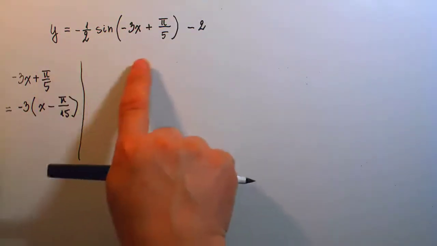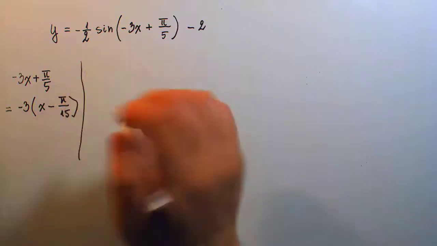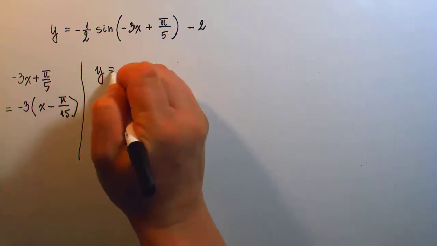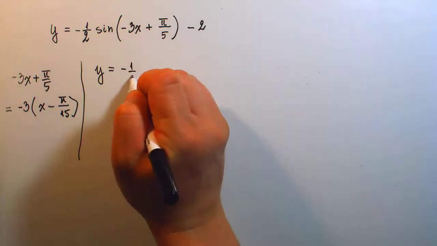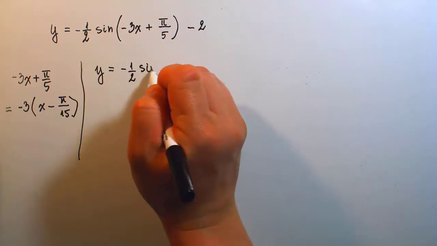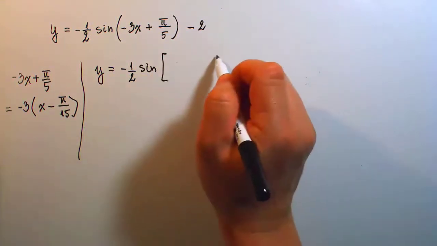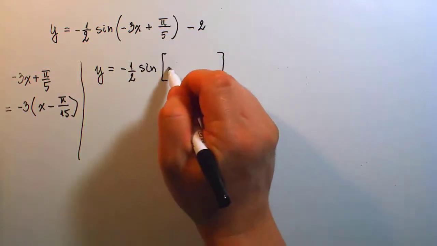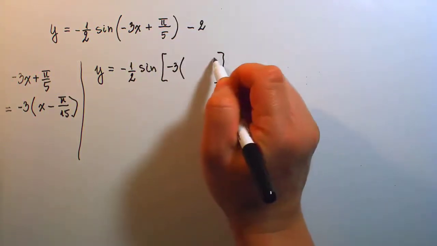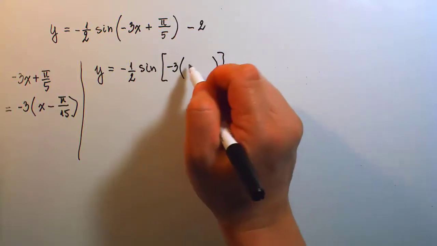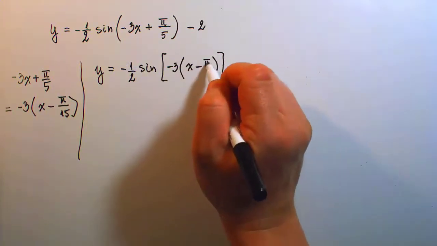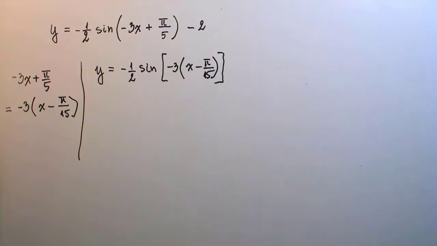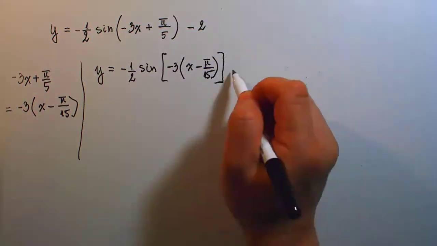So in the next step, I am going to rewrite our current function as y equals negative 1/2 sine of that linear expression, which can now be rewritten as minus 3 and another level of parentheses, x minus pi over 15, and minus 2.